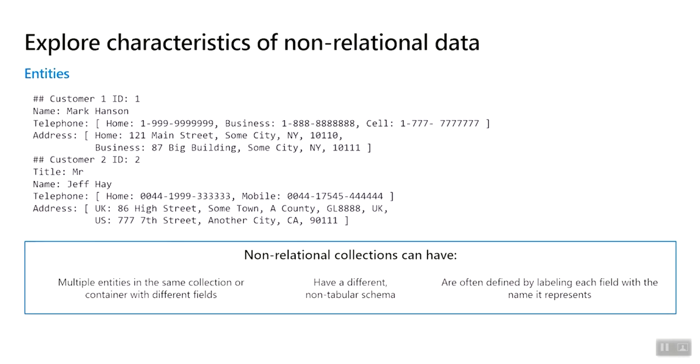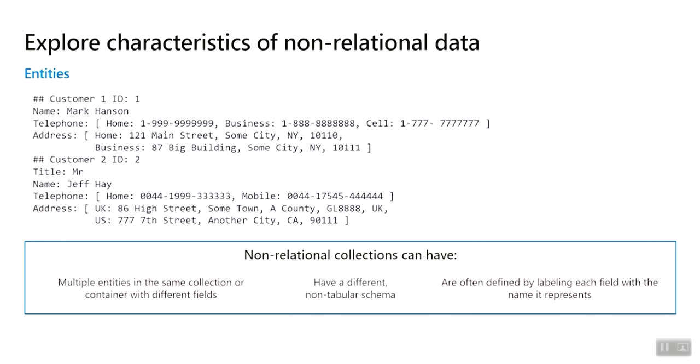But if we had a query that attempted to find all the customers with a UK address, we would have to iterate through every entity, and for each entity, examine each field in turn. You can imagine a database that contains millions of entity records. This kind of query would take a considerable amount of time to run. And so you would typically query a non-relational database with its unique key value for each entity.